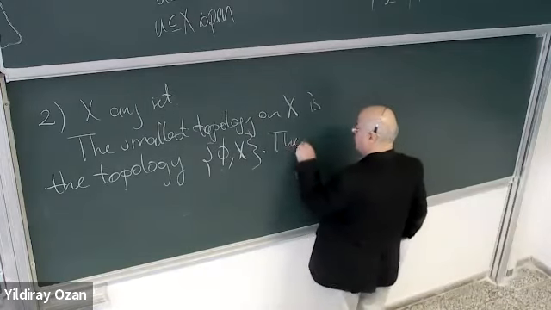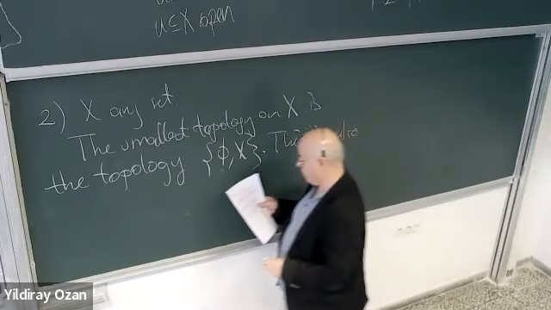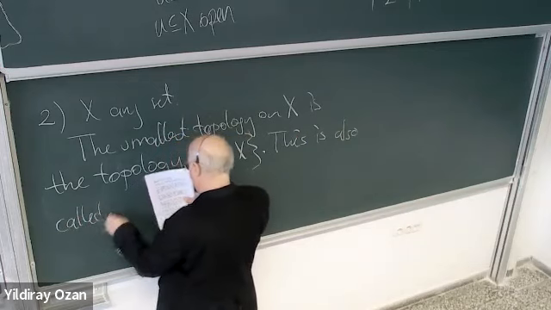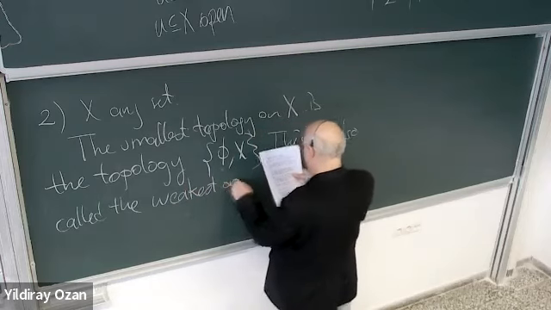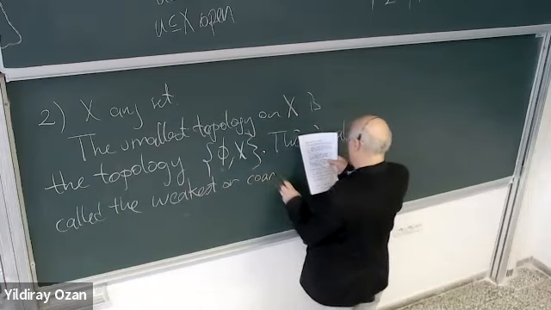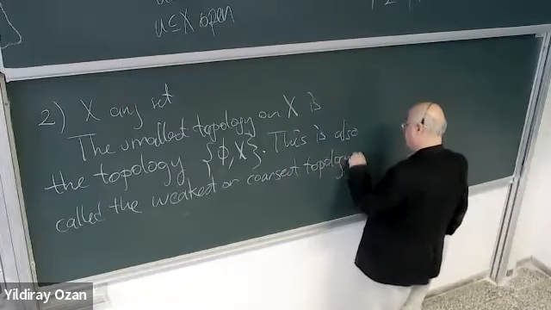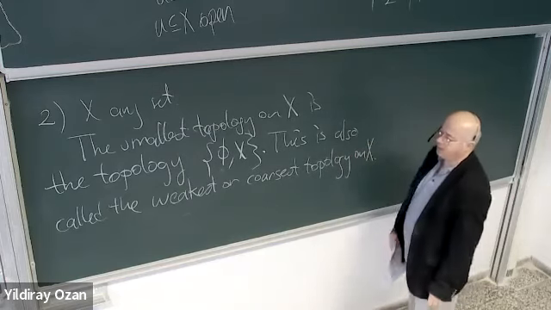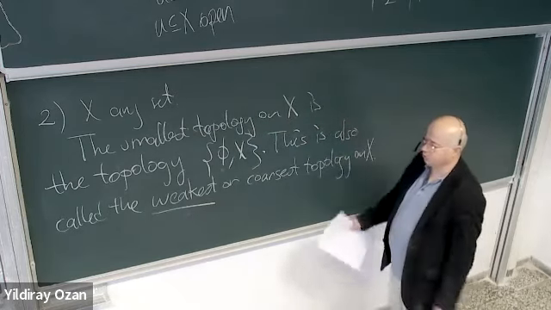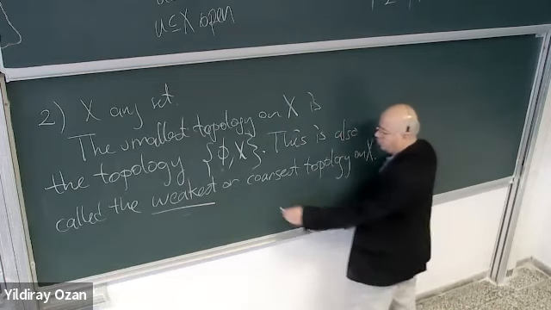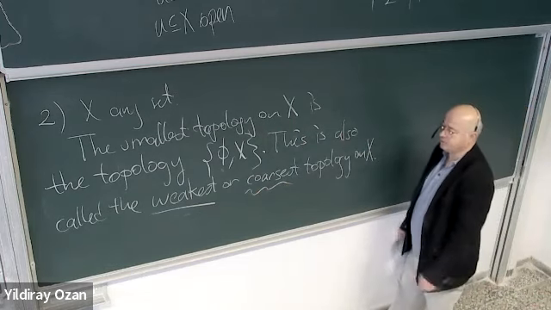This is also called the weakest or coarsest topology on X. It's called weakest topology because it has only just two open sets, or we call it coarsest topology.